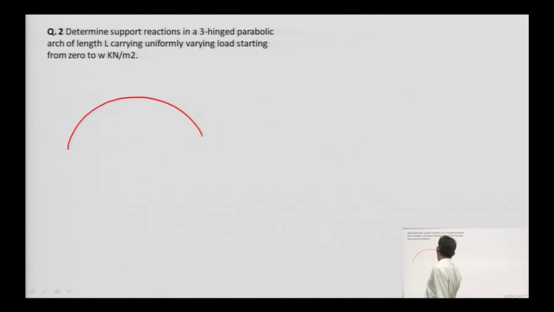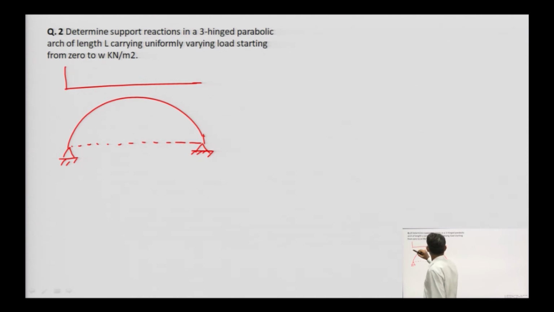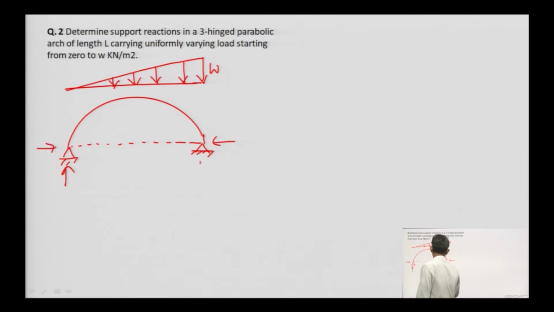If I have a parabolic arch, and it is carrying a UVL starting from 0 to W, for that we need to find the support reactions.